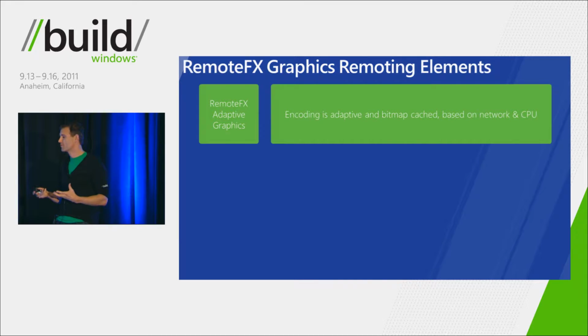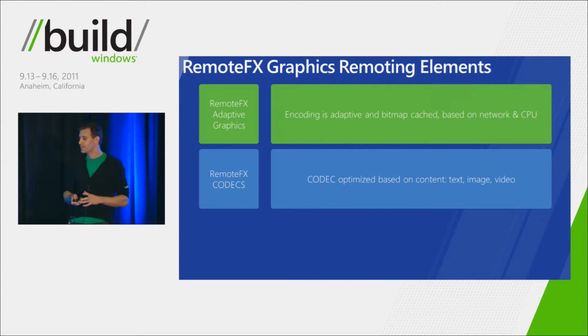So adaptive graphics. Adaptive graphics is about looking at the network and the CPU, and then choosing how we actually encode and how we cache based on those network and CPU conditions. We then select codecs, and we take into account certainly things like the network and CPU, but we also look at the content that's there.